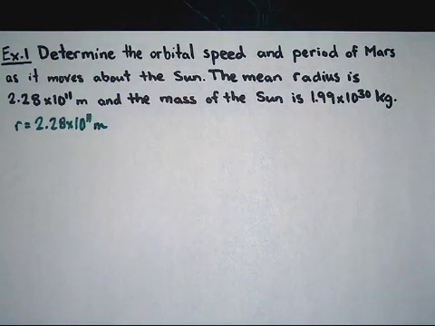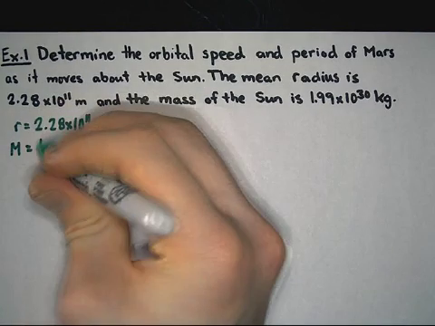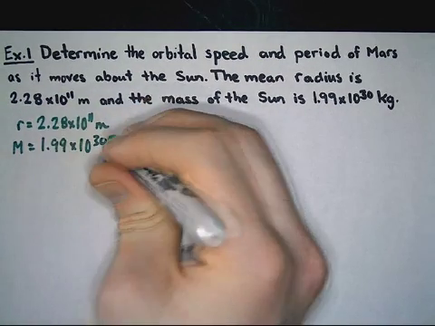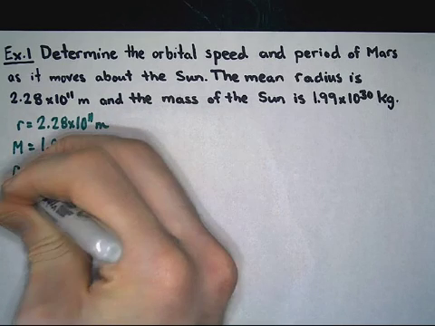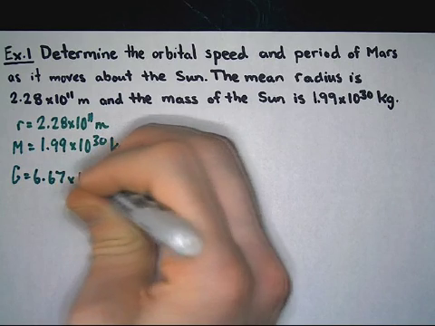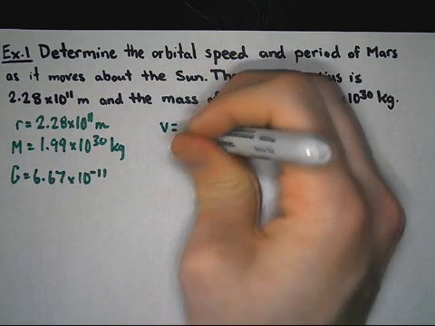So we're asked to calculate the orbital speed v. So we'll be taking the square root of GM all over r. And that is simply a substitution directly into the equation. So I have my 6.67 times 10 to the negative 11.